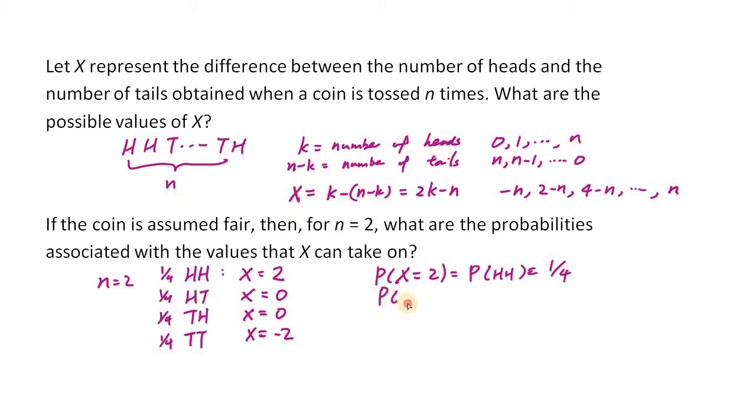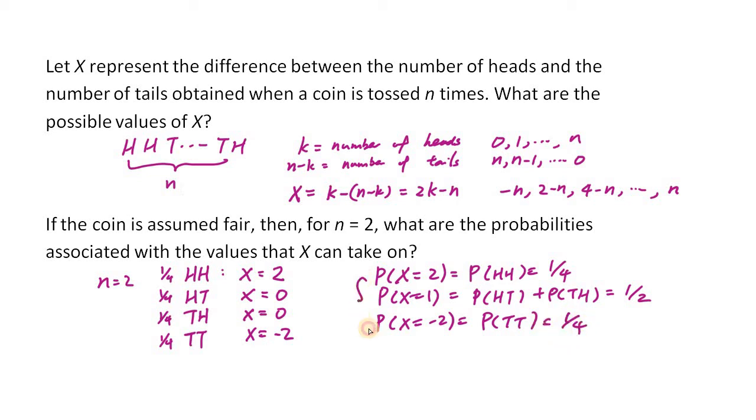And the probability that x is equal to 0 will be the probability of head-tail and tail-head, which is 1/2. And the probability that x is equal to -2 will be the probability of getting 2 tails, which is 1/4. So this is also known as the probability mass function, which we will learn later on.